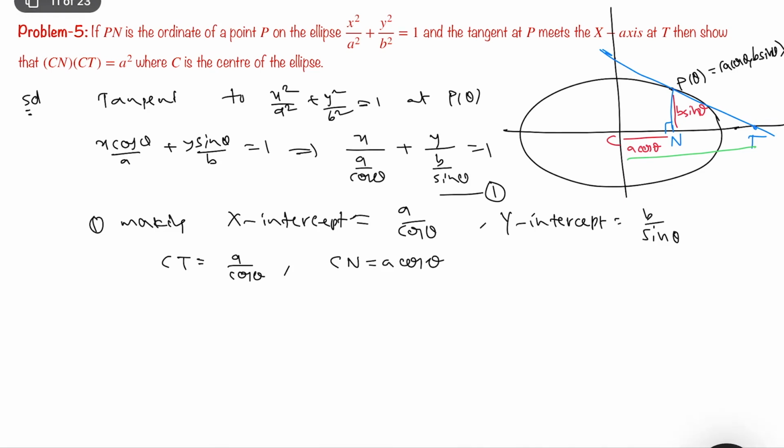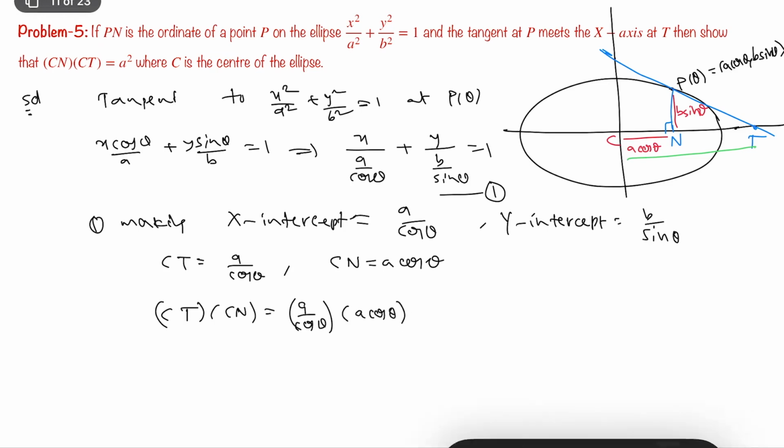Now if you look at CT times CN, that will be a by cos theta times a cos theta. Now this cos theta cancels, that equals a square. Therefore we have CT times CN equal to a square.